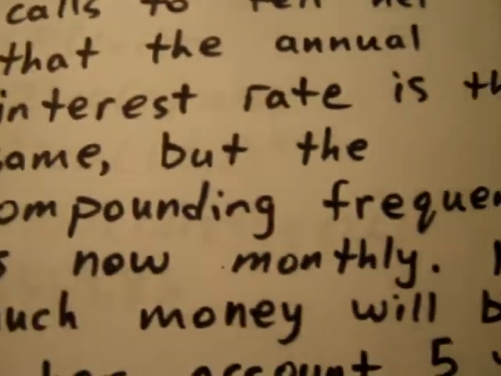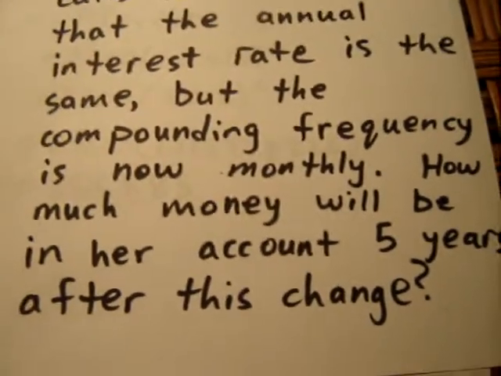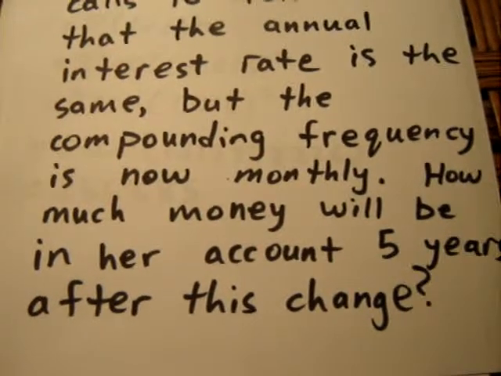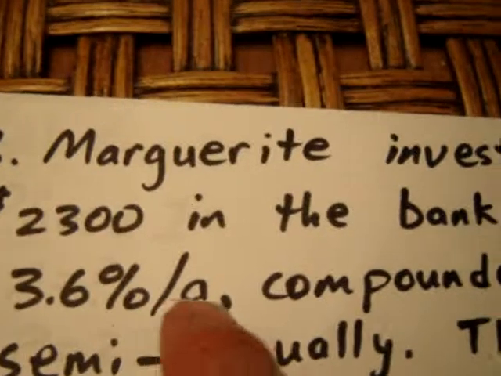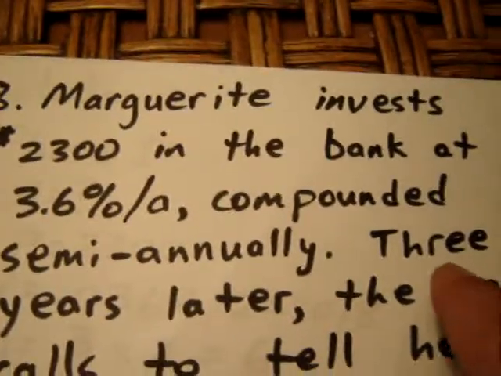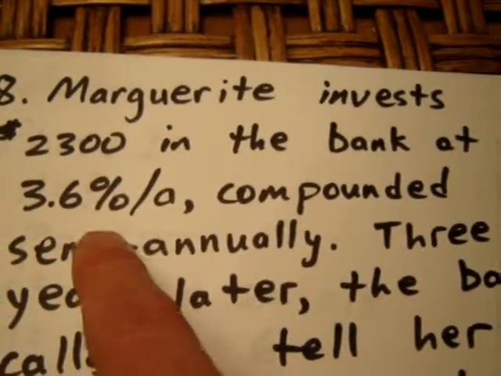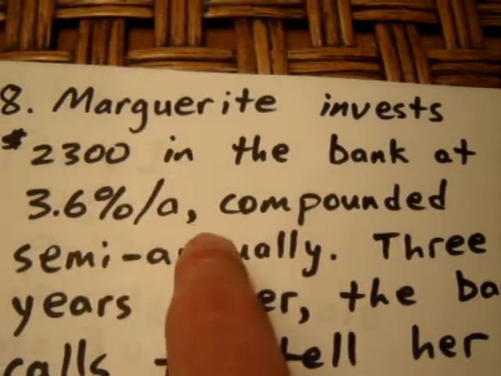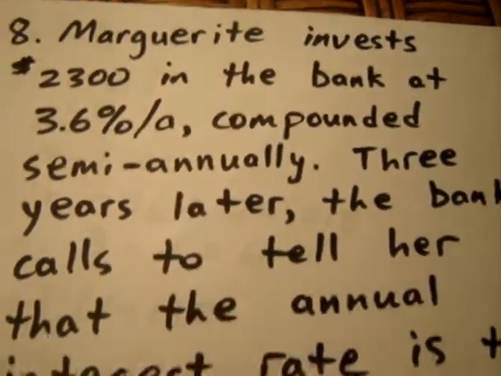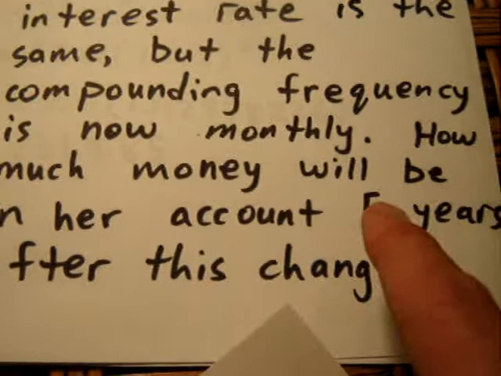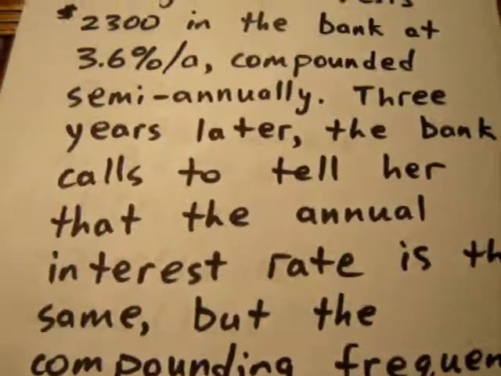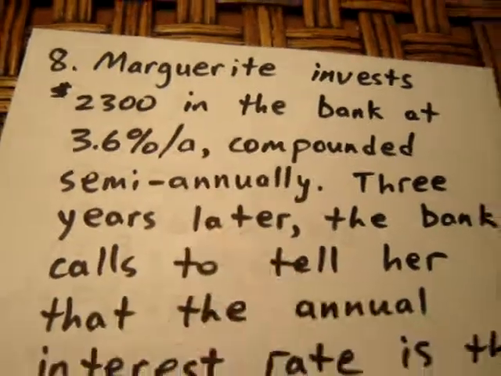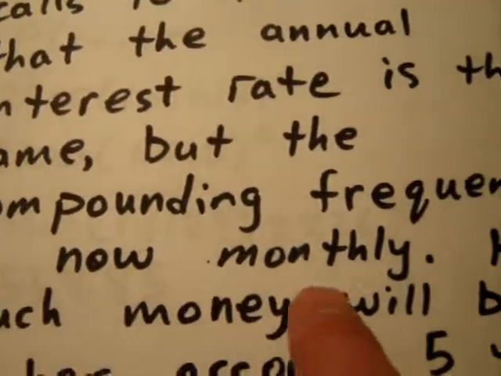This might happen sometime. So we want to know how much money will be in her account 5 years after this change. Well, we have two phases. The first phase lasts for 3 years, and it involves 3.6% per annum compounded semi-annually. And then the second phase will be for 5 years at 3.6%, but now compounded monthly.